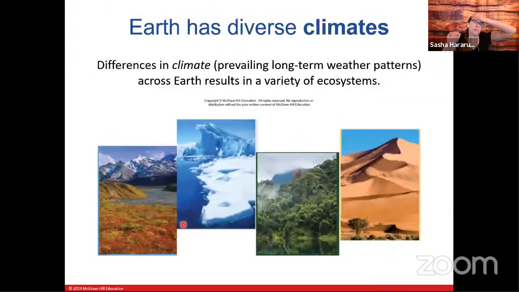So moving on. Let's talk about the abiotic components of the ecosystems for a bit, particularly the abiotic components that are temperature and moisture conditions. The temperature and moisture conditions are often characterized by climate types.